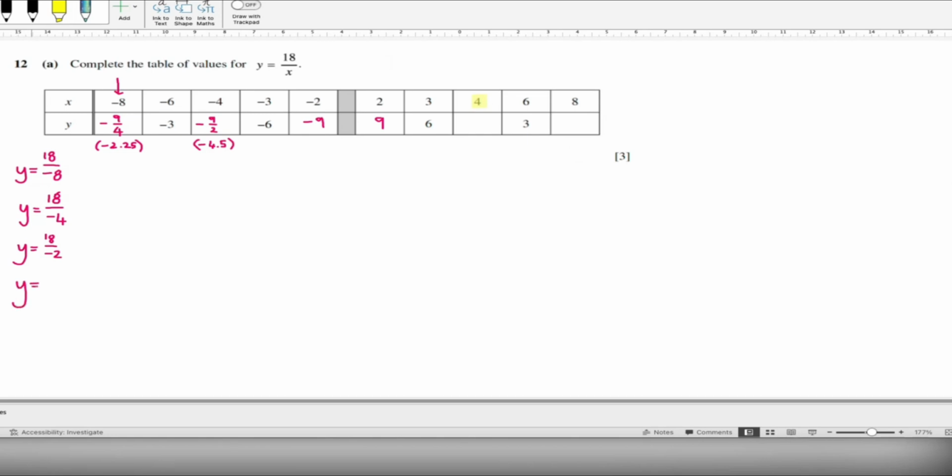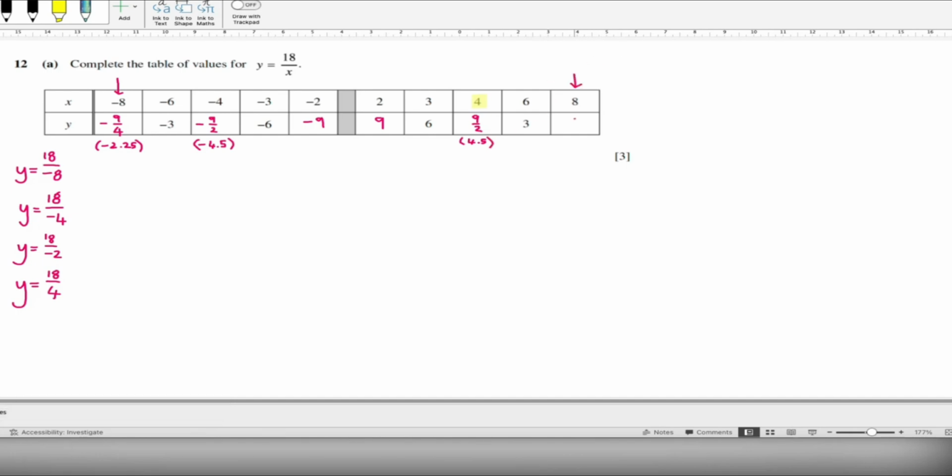Y equals 18 divided by 4. So remember, previously we've divided by -4. This time we're dividing by 4. So the answer is 9 over 2, or if you want to write it as a decimal, it will be 4.5.